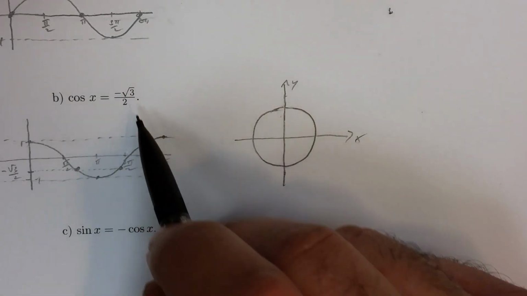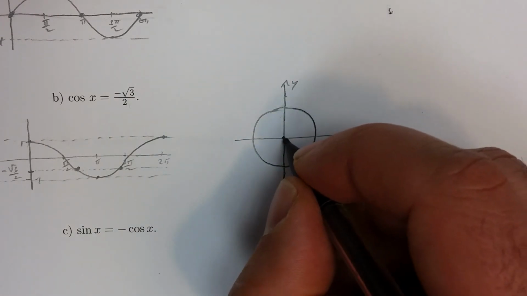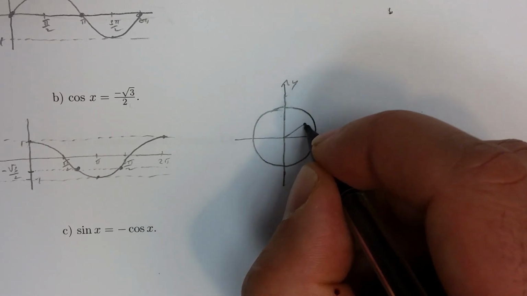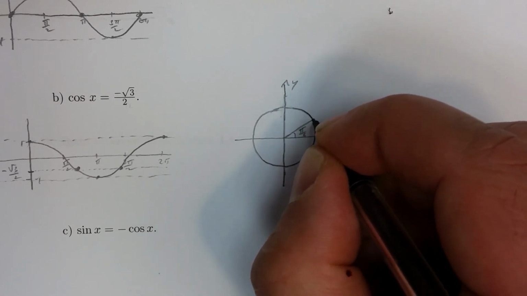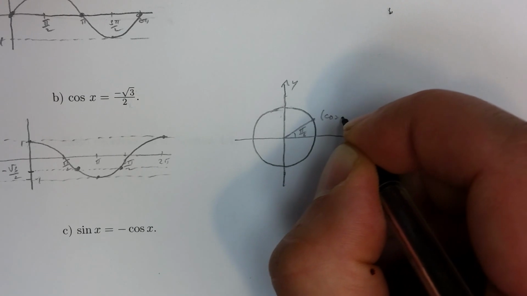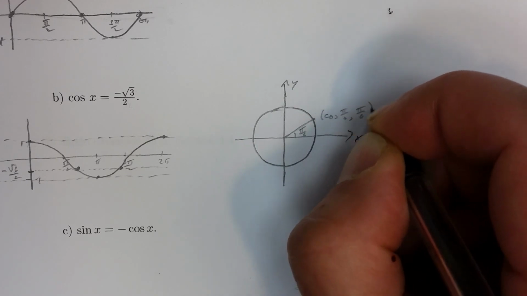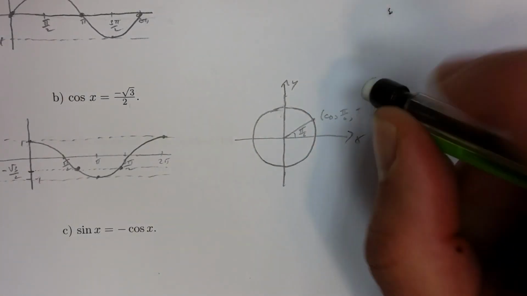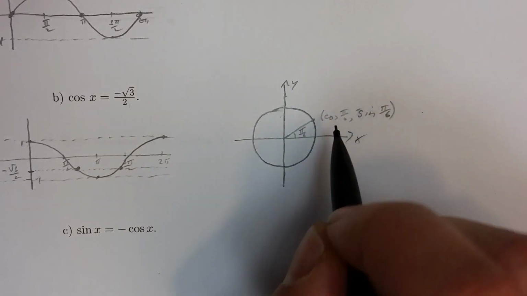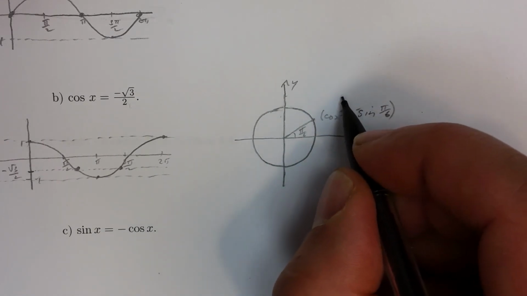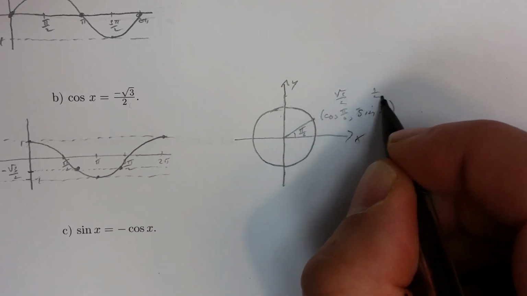So root 3 over 2, that should look very familiar. We know that cosine of 30 degrees, or pi over 6, so if this is pi over 6, this point right here is cosine pi over 6, sine pi over 6, and cosine of pi over 6 is root 3 over 2, and sine pi over 6 is 1/2.